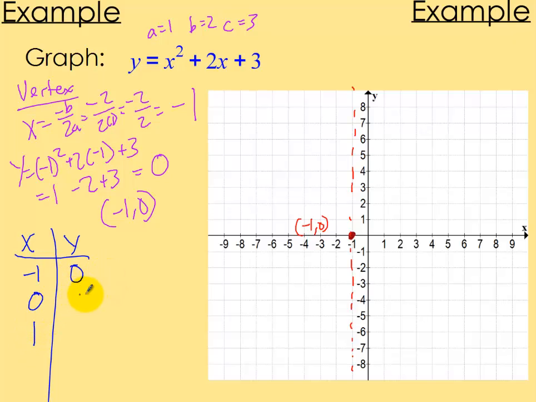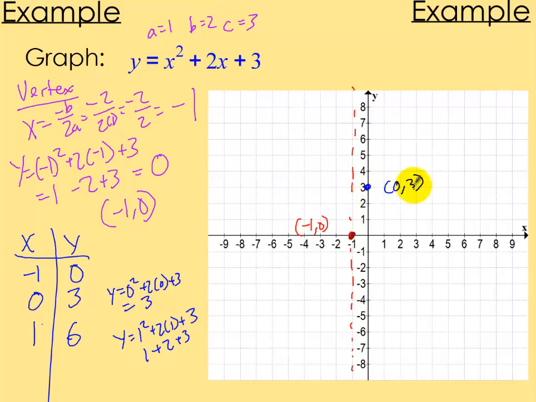If you're plugging in x equals 0, we get y equals 0 squared plus 2 times 0 plus 3. And so y is going to have to equal 3 because the 0 squared and 0 cancel out. Now when you plug in 1, you get y equals 1 squared plus 2 times 1 plus 3. So that's 1 plus 2 plus 3, which is going to equal 6. So plotting those 2 points, 0, 3, and 1, 6.